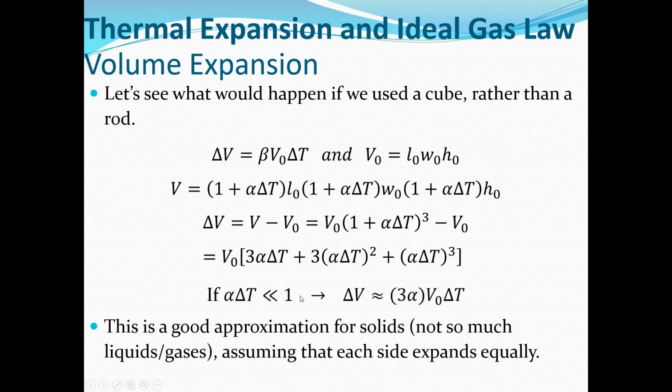So this will simplify to delta V is roughly equal to 3 alpha V naught delta T. So we can see that beta is approximately equal to 3 alpha. As I said before, this is where that relationship comes from, and why all the beta terms seem to be about 3 times the value of their alpha terms.